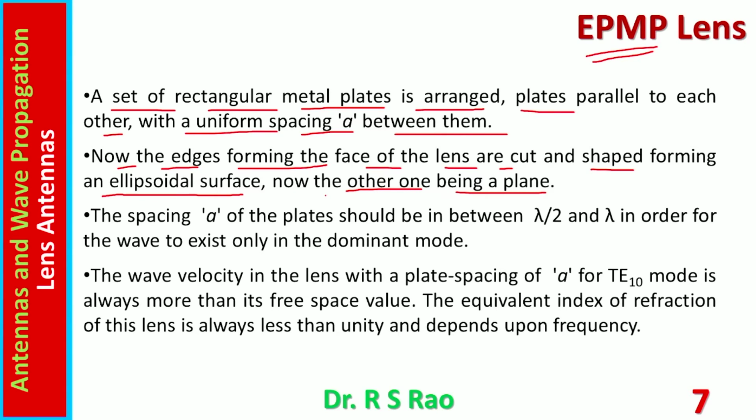One surface is ellipsoidal, another one is a plane. The spacing A of the plates should be in between lambda by 2 and lambda in order for the wave to exist only in the dominant mode. So the plates and the space between them together act as a waveguide.